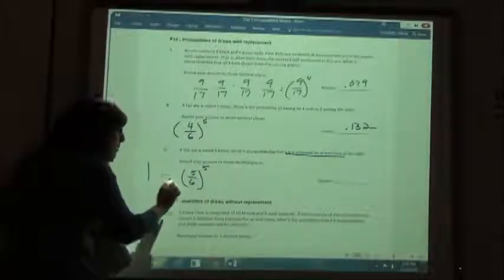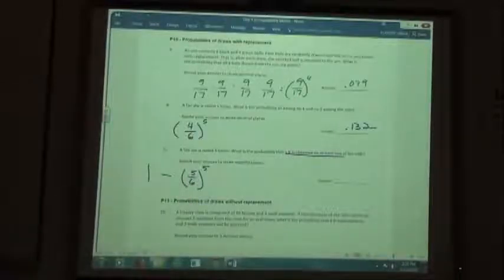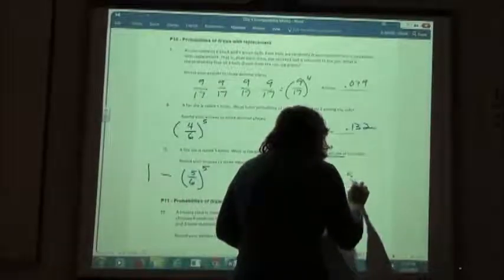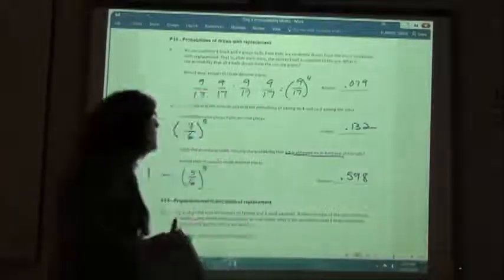I'm going to do 1 minus that answer since I actually want to get a 6 on one of my rolls. .598, yep, is what you should come up with.